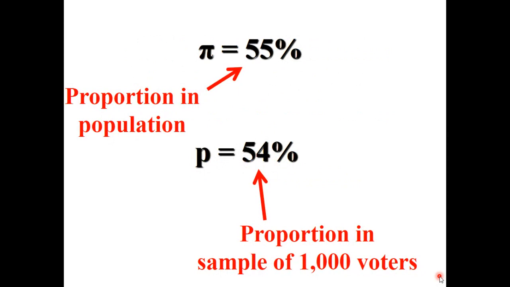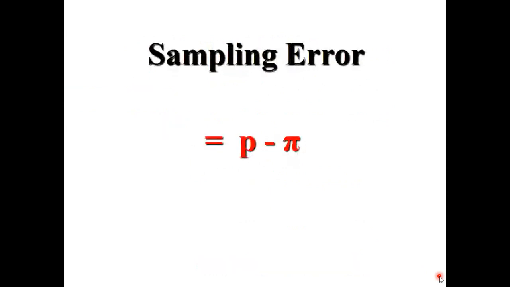So pi, the proportion in the population, is 55%. P, the proportion in the sample, is 54%. The two numbers are close, but not exactly the same. P is supposed to be an estimate of pi, but it isn't a perfect estimate. It's bound to be off a little. The difference between P and pi is called the sampling error.